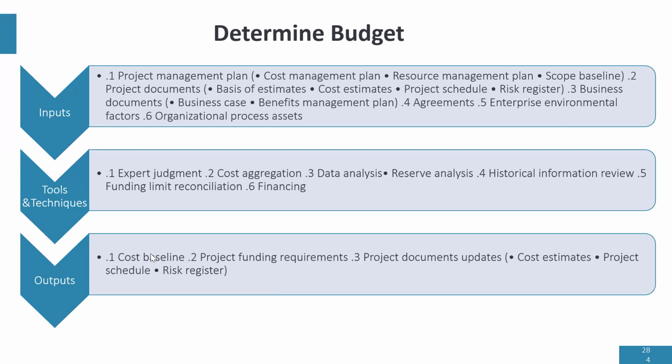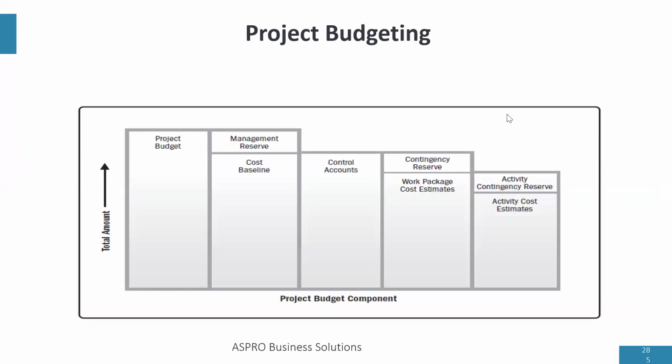Why don't we have project budget as the output, even if it's the budget we're trying to create? The reason is that the cost baseline is what the project manager gets for his or her project. That means that in a project, the project manager only has access to the cost baseline. He or she doesn't have access to the full project budget.